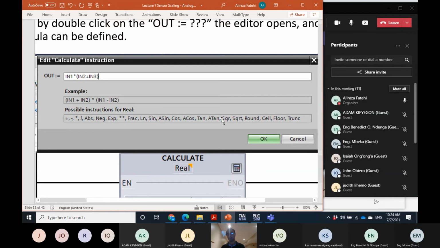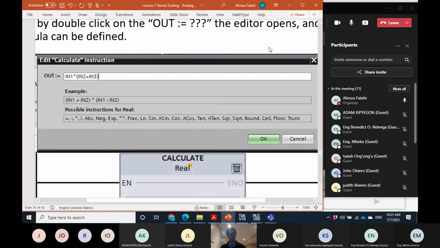So many of the basic math functions can be used here. You can have a long formula implemented in just one instruction. This is good, it makes it very simple. Readability is good, but we should take care of how to use it.